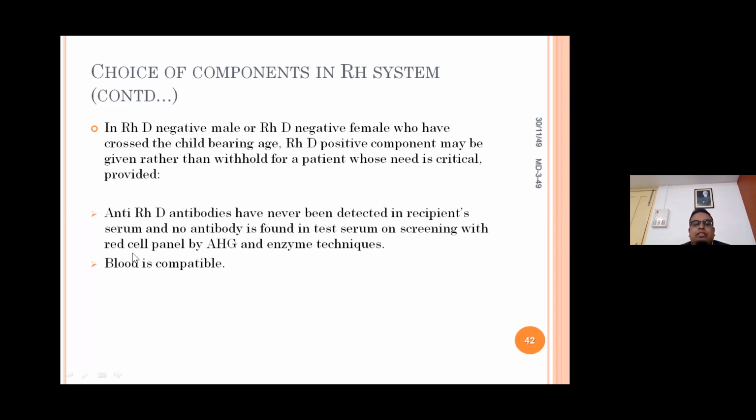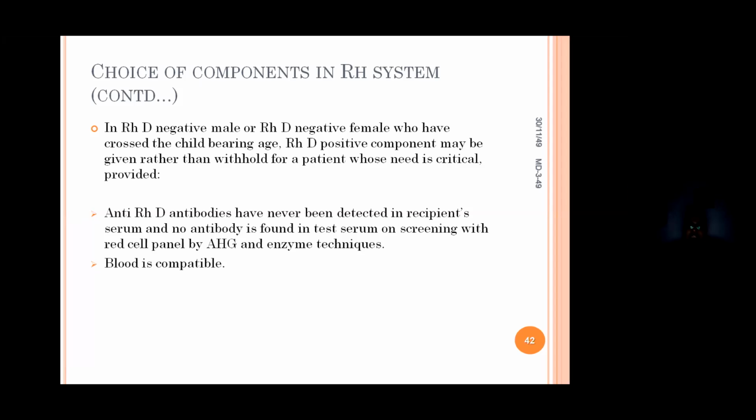And obviously when the blood is compatible. So there are two situations: when the patient is RH negative and has not crossed the childbearing age, and when the patient is RH negative and has crossed the childbearing age.